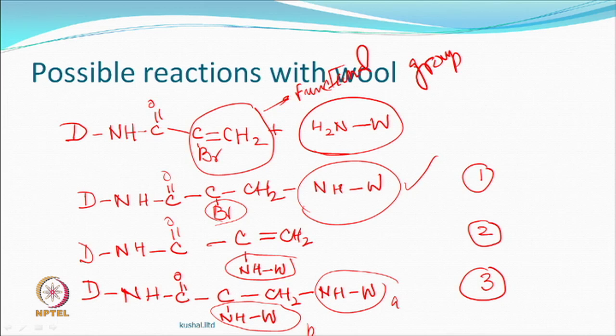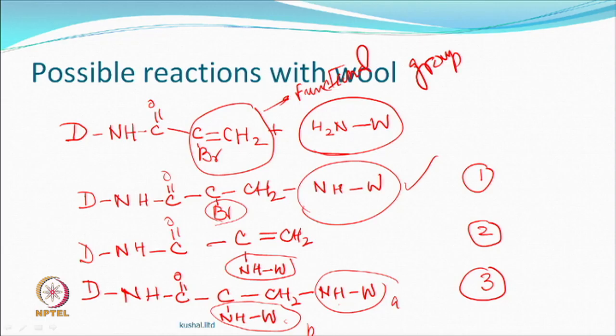So, you have the same molecule reacting with two end groups of the wool. So, two molecules of wool could actually be reacting. The probability is very less, because the moment the first one reacts, getting the second one obviously has less opportunity, and the steric hindrances will not help the second reaction very easily. So, either this or that is possible.